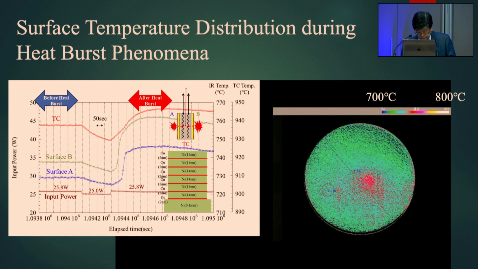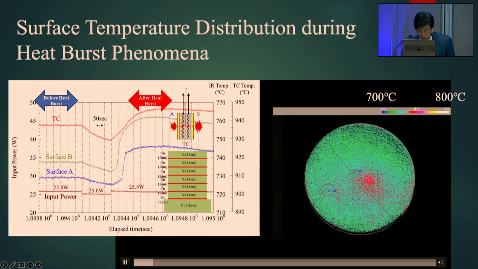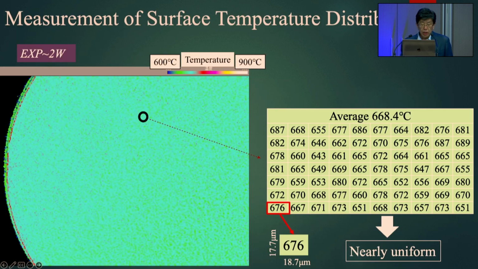Next is a measurement of the surface temperature distribution during steady state excess heat. In this case, the excess power is not so high. The lower temperature is 600 and the higher temperature is 900 degrees centigrade. You can see the temperature distribution looks nearly uniform.